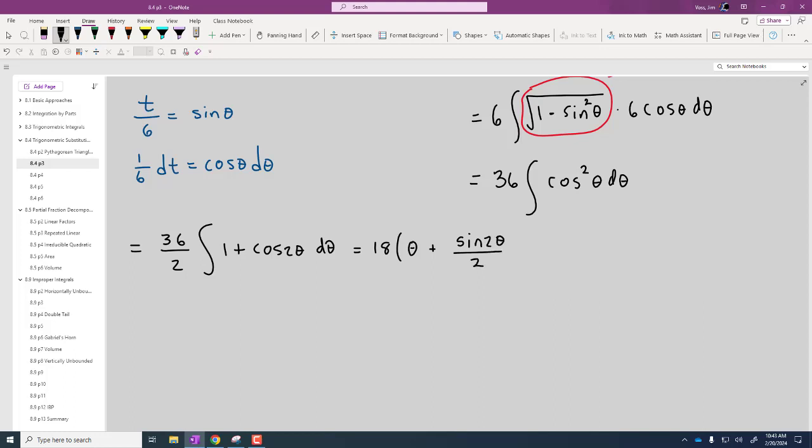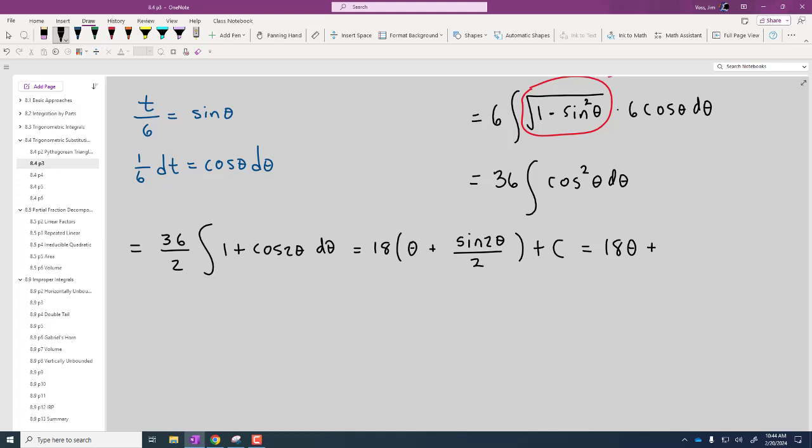Then we have to do reverse chain rule. These sorts of steps you're going to see again and again, where you end up with sine of 2 theta. We have to use the double angle identity. I'm going to distribute that 18. So that's going to be 18 theta plus, and here sine of 2 theta is 2 sine theta cosine theta.